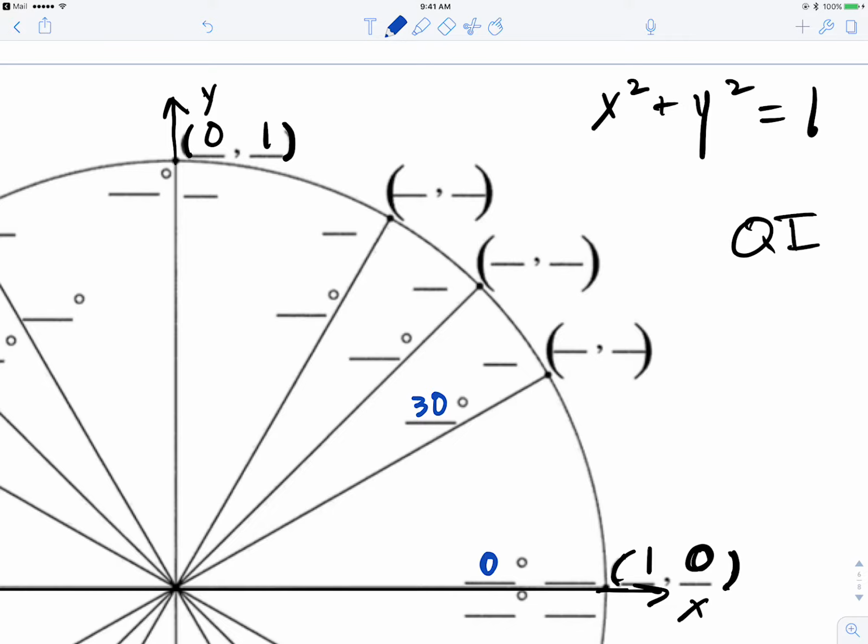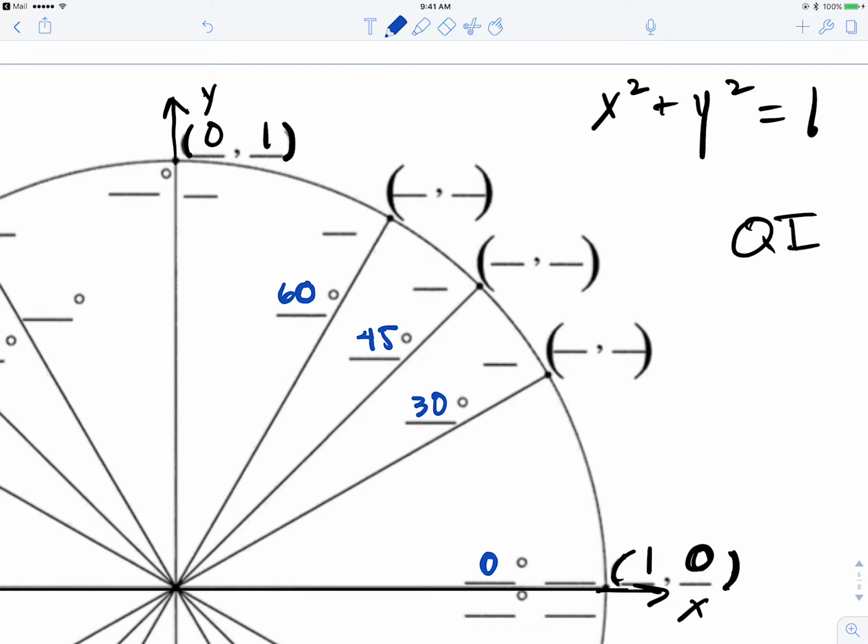Okay, so this first angle is 30 degrees. The next angle will be 45. And that next angle will be 60. That's from here to here. This angle is 30, starting at 0 on the x-axis and then rotating.